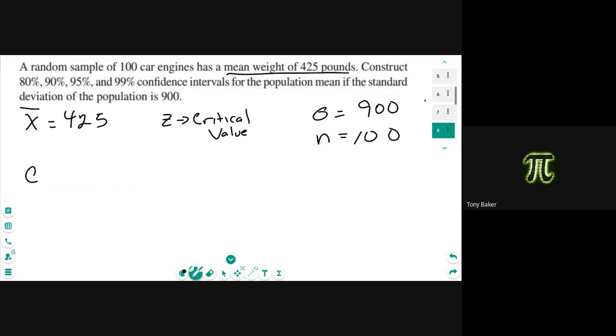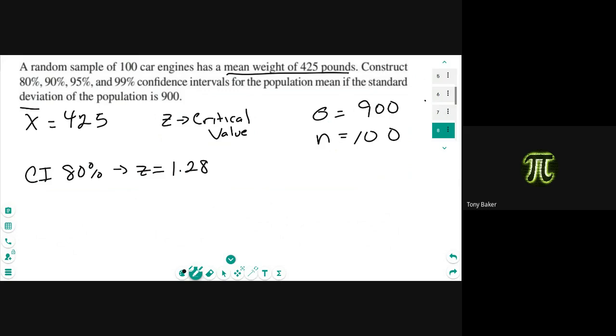So my first one, we're going to do our 80% one. So that means my Z is going to be what? 1.28. All right. Any questions on what I found for this so far? Everybody understand where I got all those numbers from?